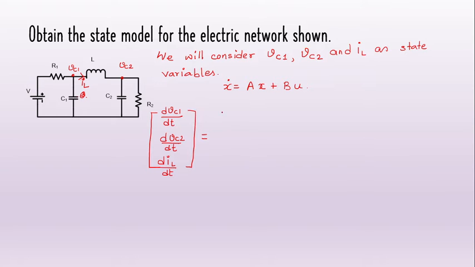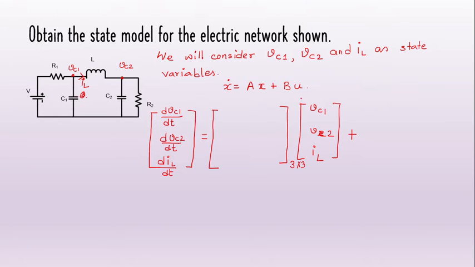I should have a matrix A of 3 cross 3, with state variables VC1, VC2 and IL.